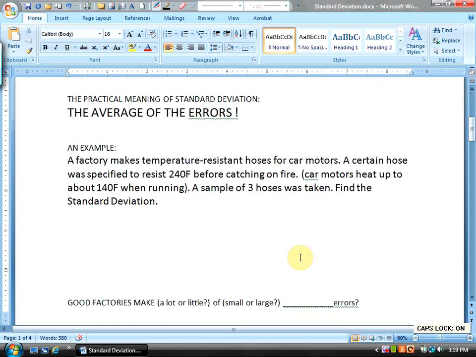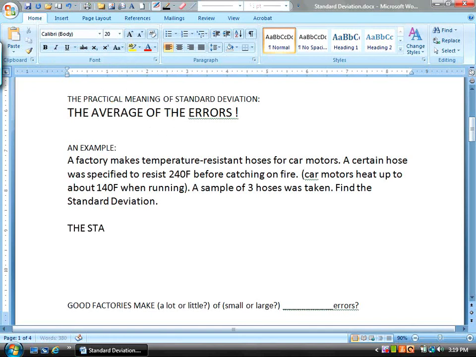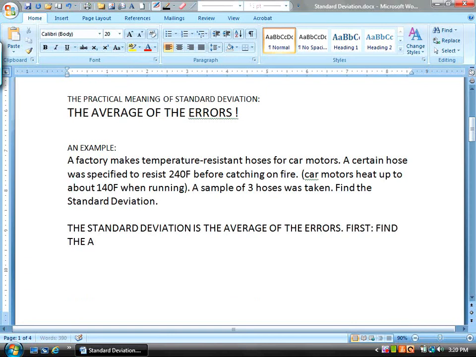Let me make the font a little bigger here. The standard deviation is the average of the errors, but to calculate it, first find the average of all measurements.